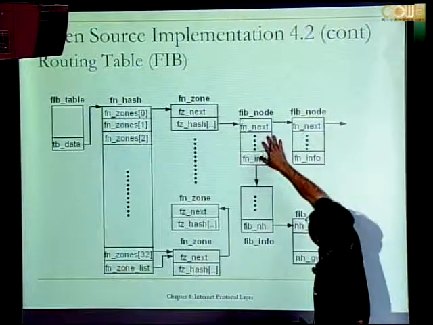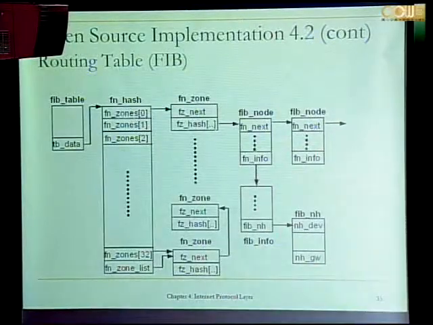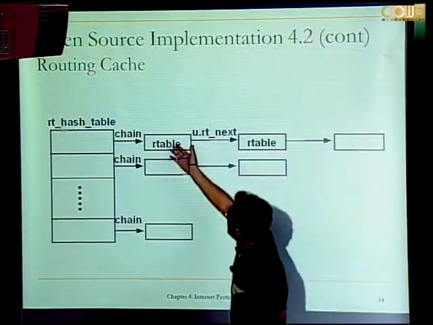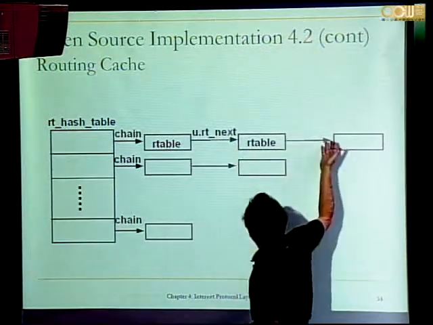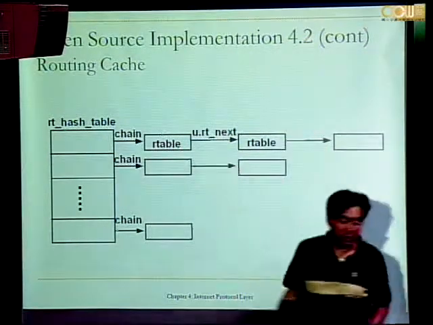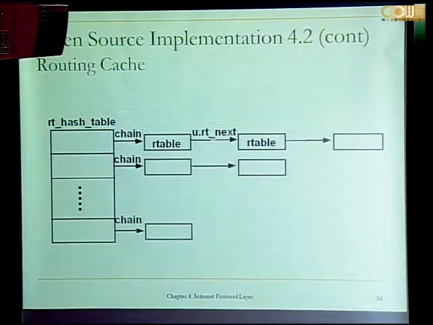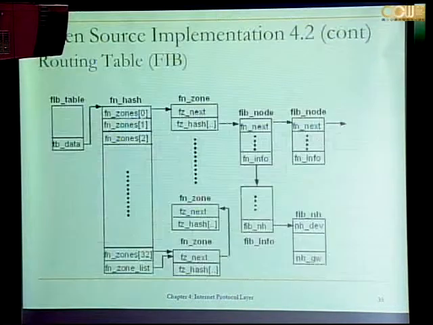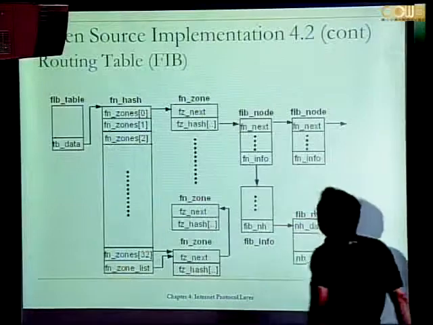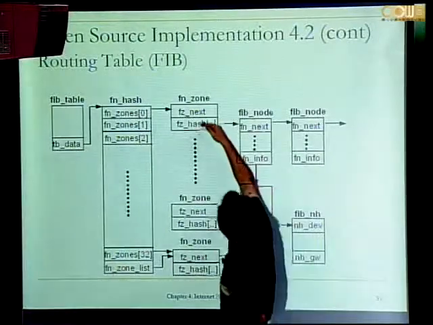This is the FIB node, which is the same as the R table in the cache, in a linked list. Okay, the R table in the cache is essentially the same as the FIB node here. Now here I have the hash table entry.